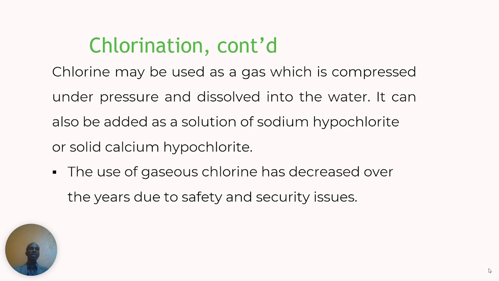So all these provide water with the chlorine that is needed to disinfect it, or to make it free from these impurities, especially the microorganisms, so as to make it safe. It can be given as solid calcium hypochlorite, which will contain the chlorine, as a solution of sodium hypochlorite, or as a gas itself.